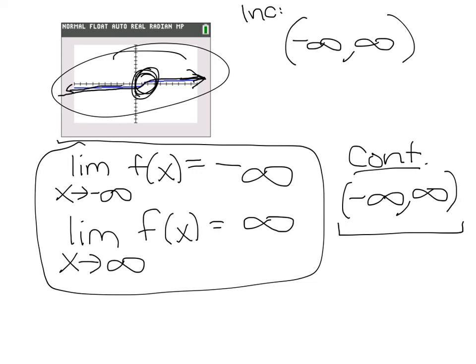It may look like it's constant there, but it's not. It might look like it's vertical, and it's not. The y values are increasing. If you look in the table of values on your calculator, you can see that as x increases, y is also increasing. So we can say the function is increasing from -infinity to positive infinity.